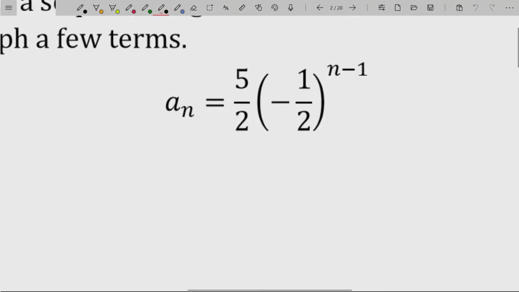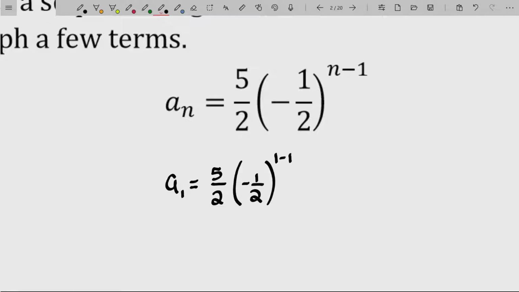I'm going to zoom in just because my pen usually messes up if I don't. So a sub 1 is equal to 5 halves times negative 1 half raised to the 1 minus 1. That's negative 1 half to the 0th. We know that any number raised to the 0th is just 1.